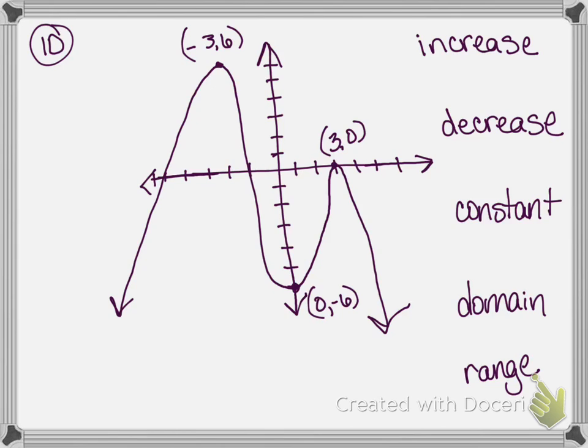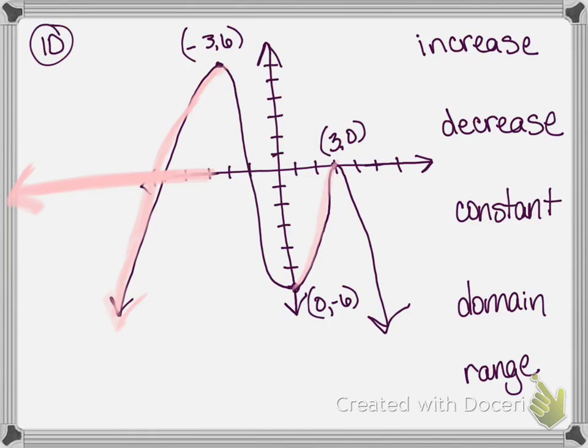So the first one that we're going to do is increasing. So here are two areas on our graph that are increasing. And when we are talking about intervals, I am talking about the x values for those intervals. So where I have that highlighted in pink, my x coordinates associated with that are this whole highlighted area right here.